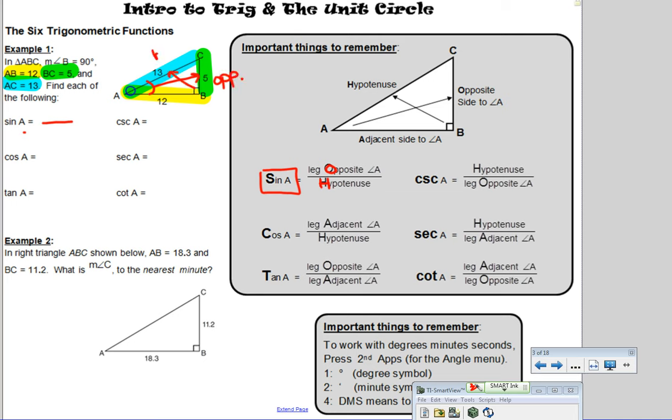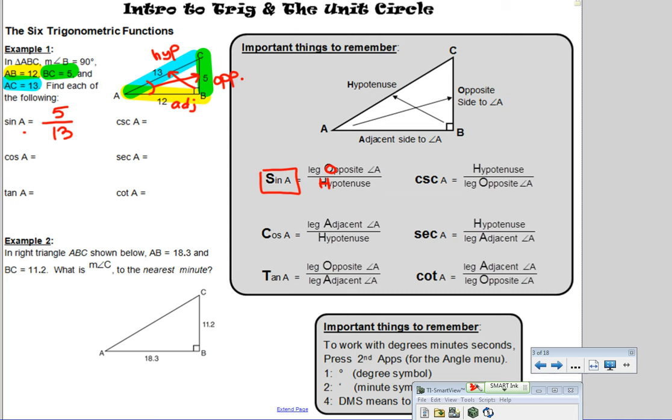Across from the 90 is your hypotenuse. And then by default, this side is the adjacent, the side next to the angle. So the sine is the opposite divided by the hypotenuse. The opposite side is 5 and the hypotenuse is 13. So sine is 5 over 13.